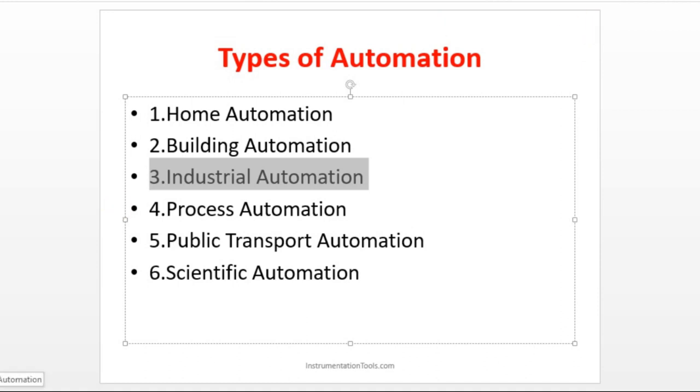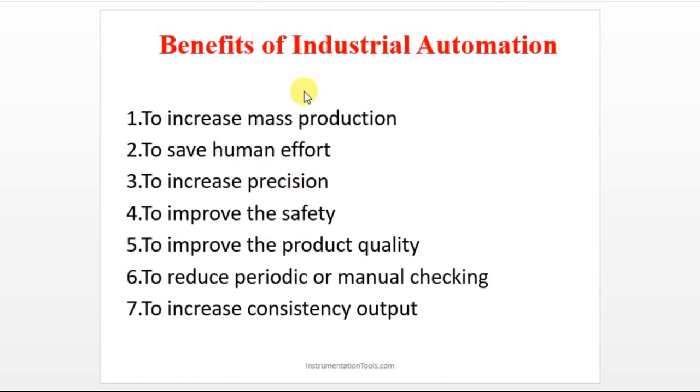So what is industrial automation? It is the device or system which we implement in the industry to increase production, to ensure safety, and to replace the human operators. As we have already discussed, you can see the benefits of industrial automation here: to increase the precision, to improve the product quality, to reduce periodic and manual checking.